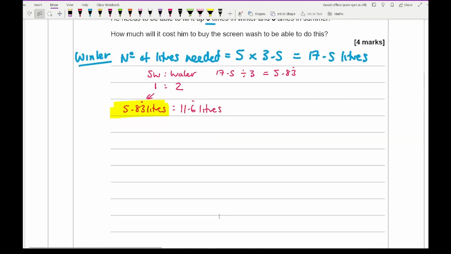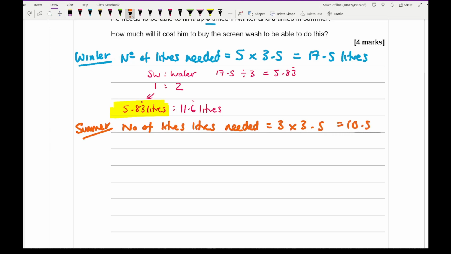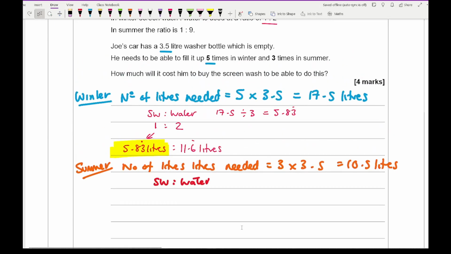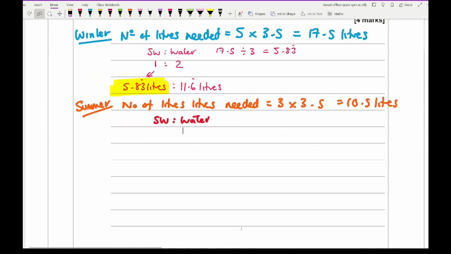Then if I do the same calculation but for the summer, so in the summer, the number of litres needed is going to be 3 bottles, so it's going to be 3 times 3.5, which gives me an answer of 10.5 litres. So then from this, I've got the ratio of screen wash to water, which if I just scroll up is in the ratio of 1 to 9.